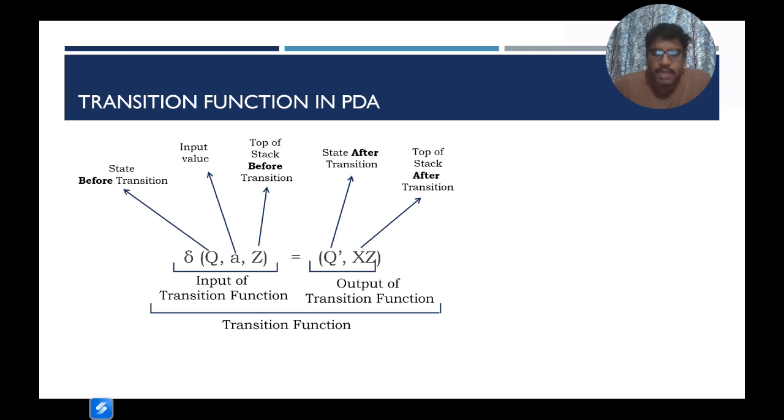That a will be converted into X and pushed onto the top of the stack, so that the stack contains X and Z, with X on top. Or you can directly push a onto the stack. Clear?